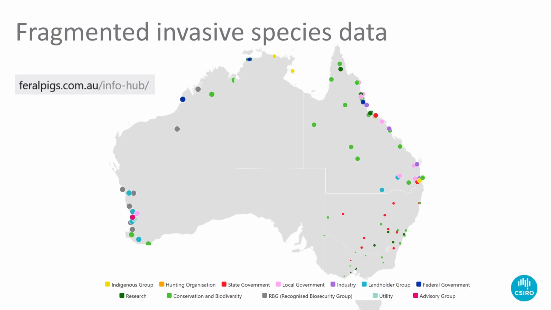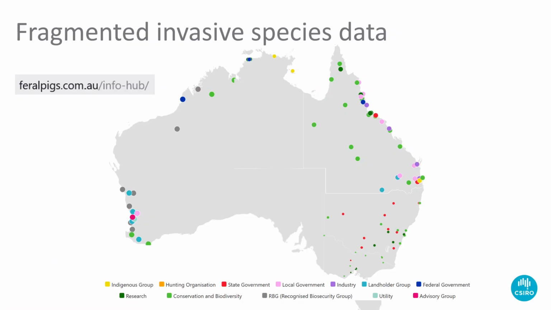And data is often collected as part of management programs. Add specific monitoring and survey activities by R&D providers, and you get an inherently fragmented national data set that is in fact not at all the same, as it has been collected by different people at different places and times in fundamentally different ways.